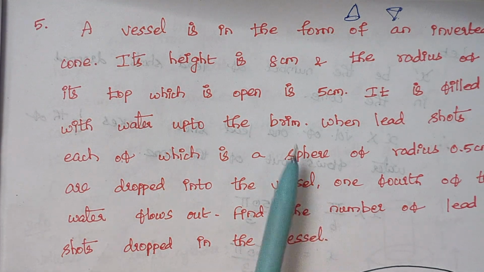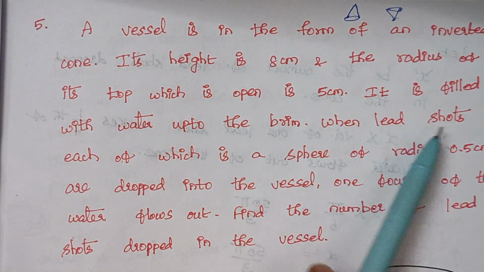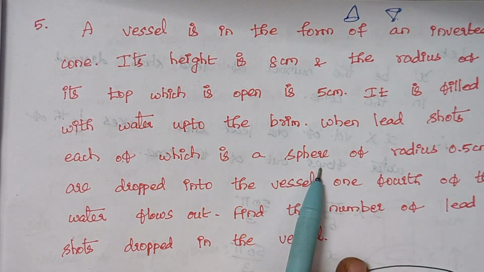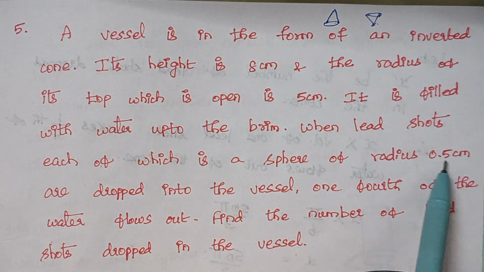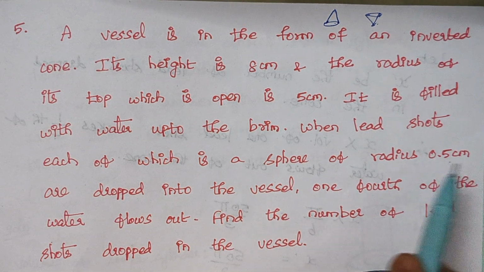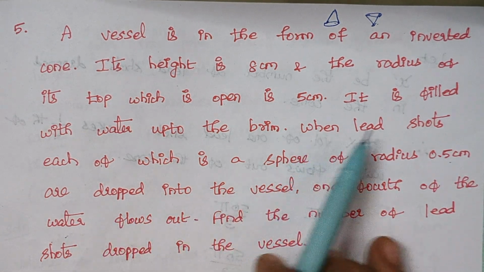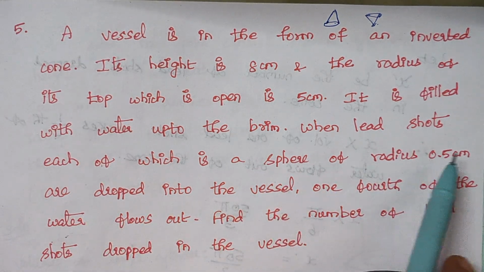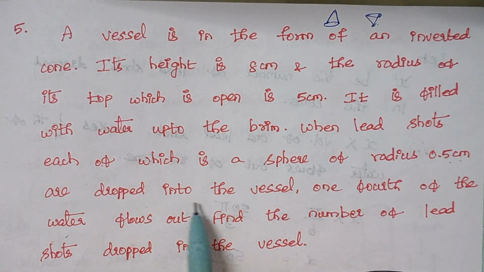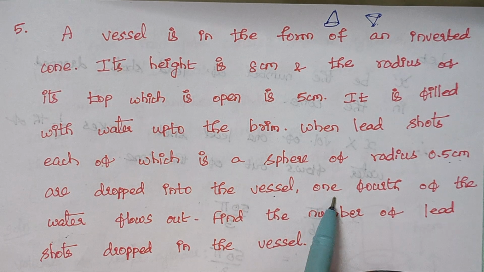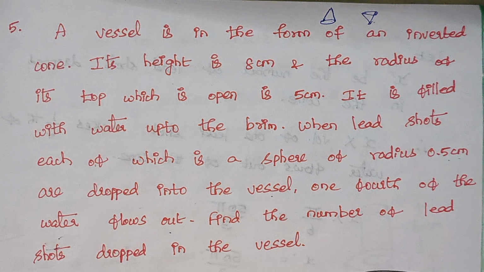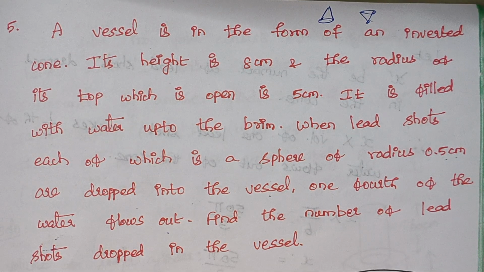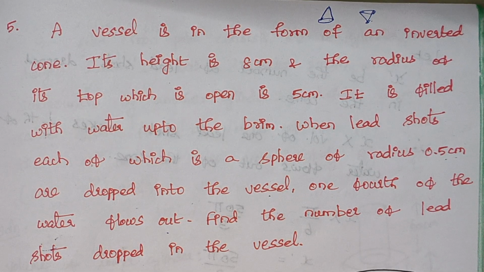Now we are dropping lead shots, spheres whose radius is 0.5 centimeter. When the lead shots are dropped into the vessel, 1/4 of the water flows out. So we are dropping some lead shots into the vessel, and how much water flows out?